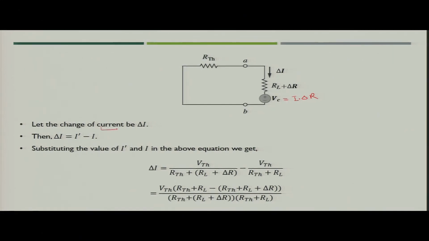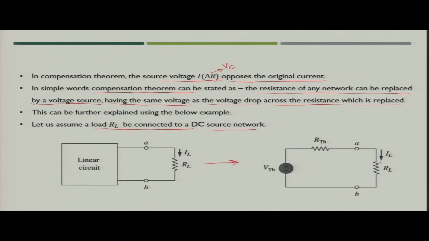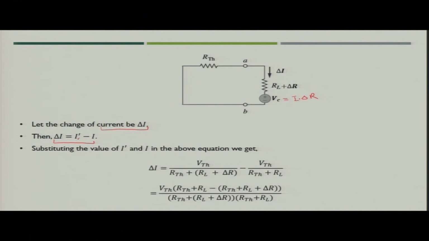Now, let us assume that the value of delta I is the change. So, delta I would be nothing but I dash minus I. I dash was the value of the updated current flowing when delta R was added, and I L is the original current. So, the value of delta I is nothing but I L dash minus I L. Now, substituting the values of I L dash and I L in the above equation, this is the equation where you will put the values.